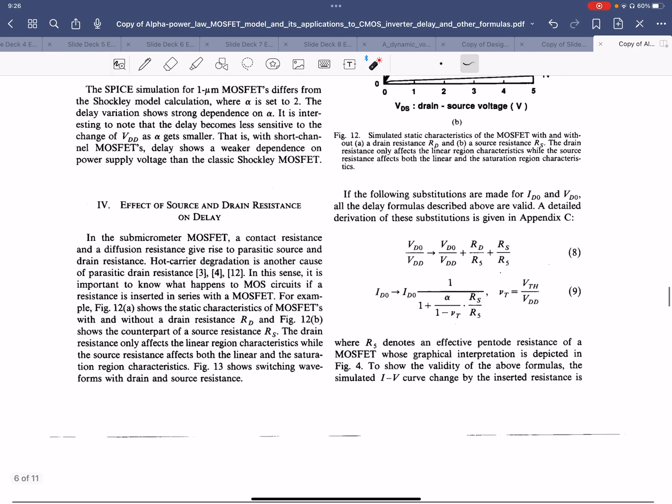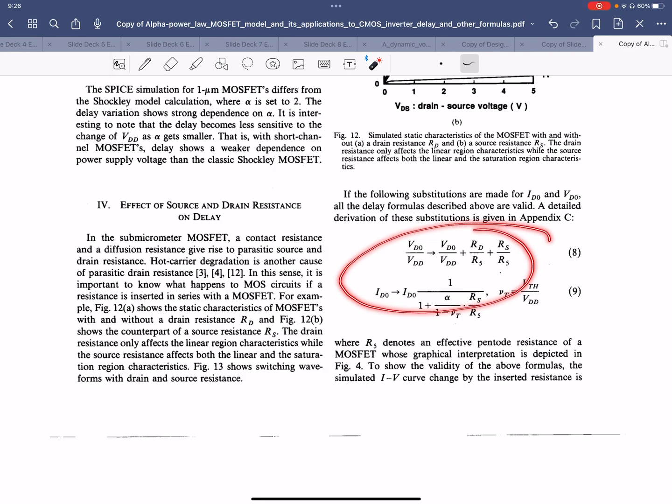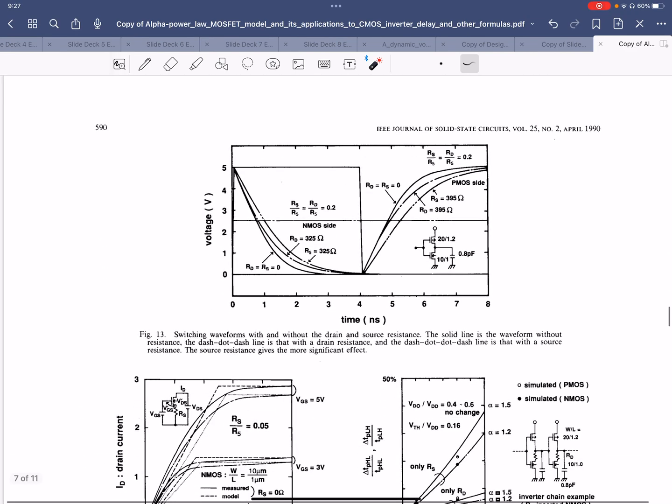And then it talks about the effects of source and drain resistance on the delay, which is interesting. The interesting thing to me is that the source and drain resistance have very, very different effects. You think the MOS transistor is symmetric, the NMOS.